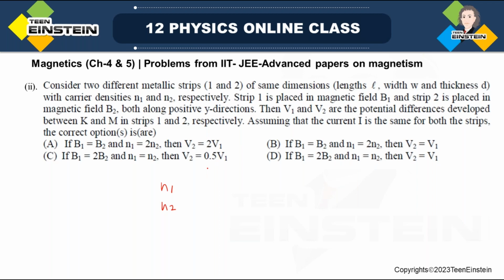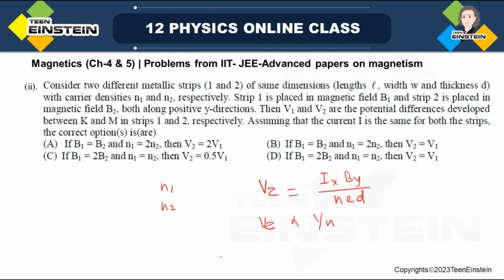You need to find out the expression for the potential developed in terms of N. We have seen that it was found to be this N E D, so it is inversely proportional to the charge carrier density. V_z is inversely proportional to the charge carrier density.